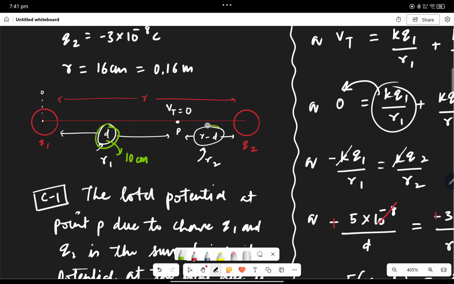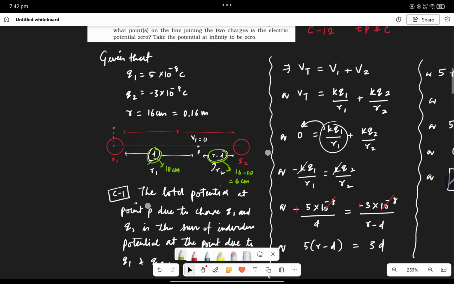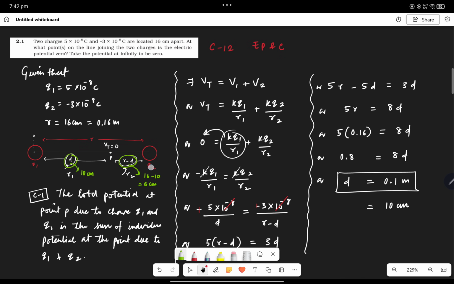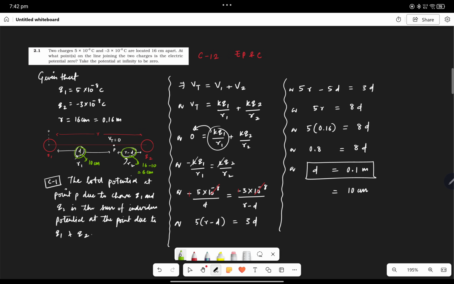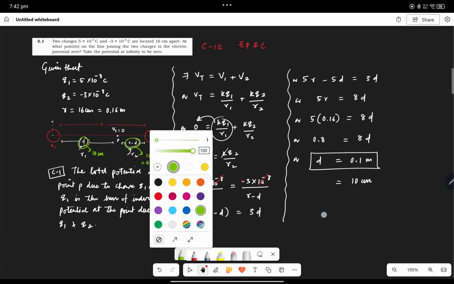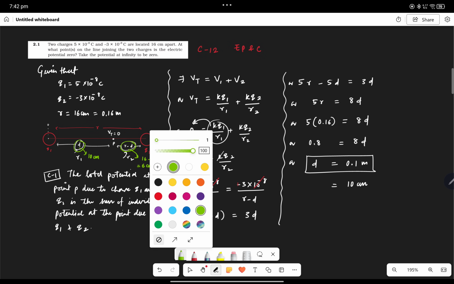And if this is 10 centimeter, then R minus D is going to be 16 centimeter minus 10 centimeter, and that is going to be 6 centimeter. So this is the value that you are going to get. The D from this to this is 10 centimeter.